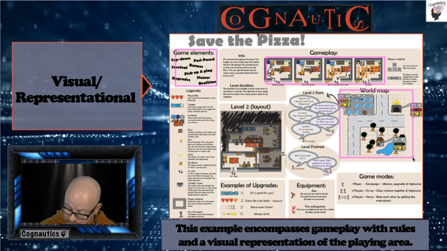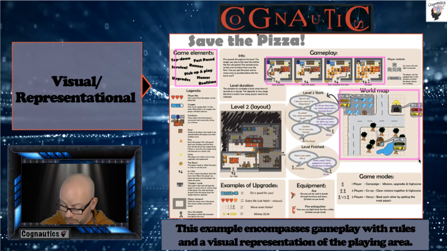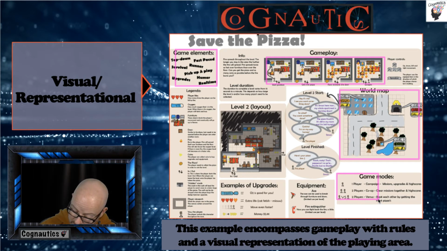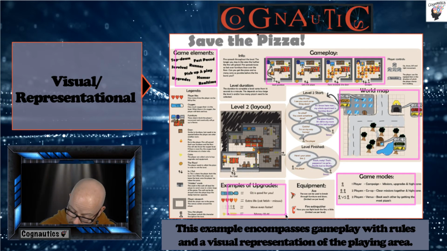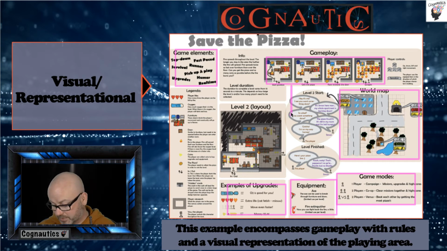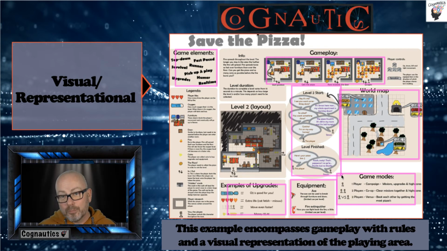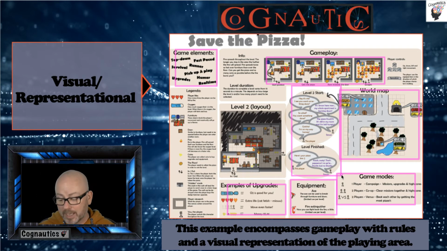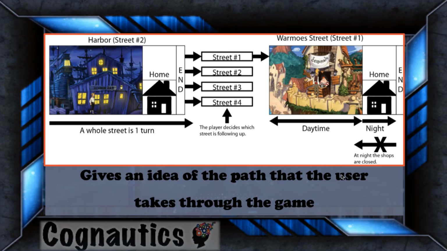The overview of the world map is on the right hand side, the different game modes from one player through two players and more, example of upgrades that we know could be achievements, and the equipment down here, and just further information about different levels. So that's again a very useful way of putting down on paper exactly what your game should look like and how it's going to feel when you play it.